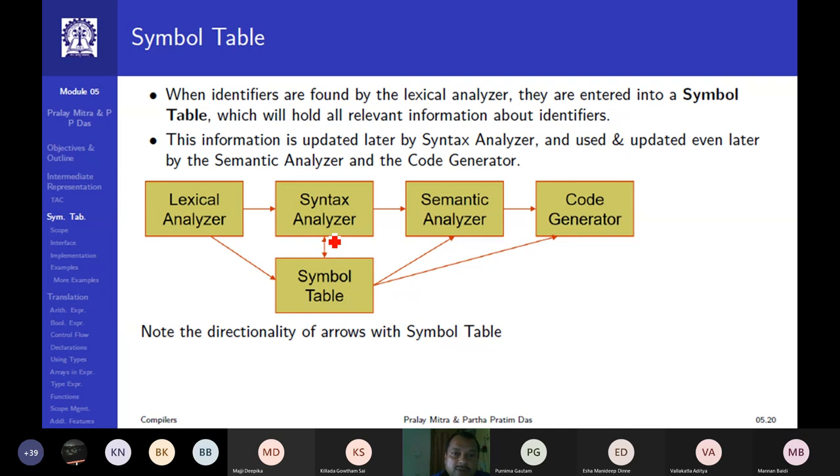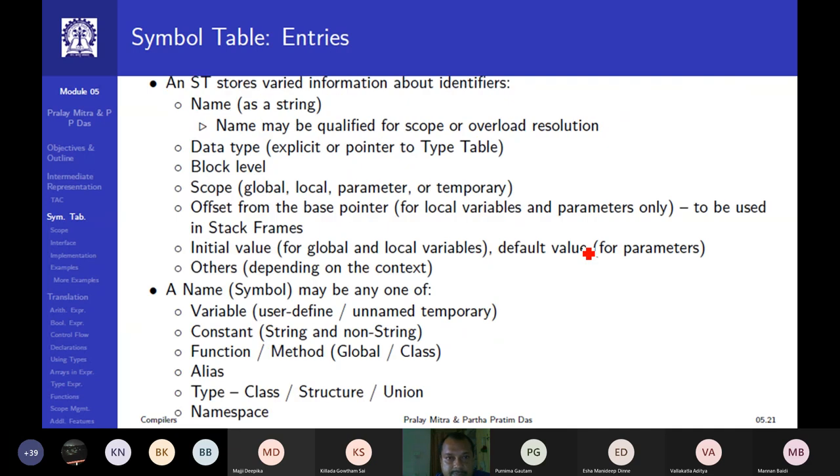If no, then it will make an entry in the symbol table. But for the semantic analysis and the code generation, again it is one way, so the symbol table is only being used there. So the symbol table is mostly populated during the lexical analysis and parsing stage and used by the semantic analysis and the code generation stage.